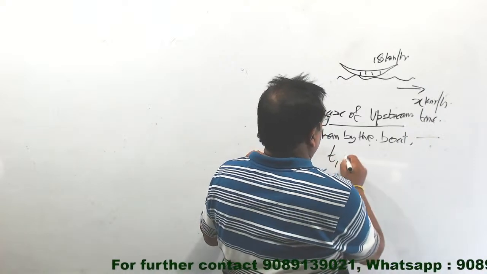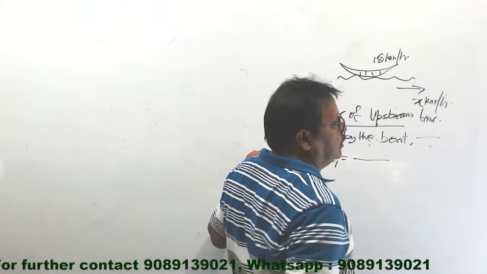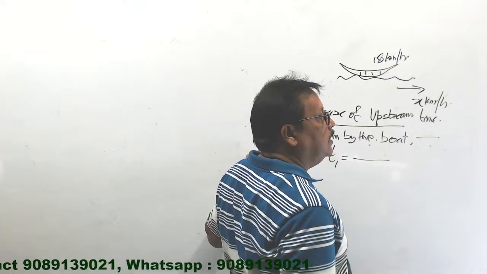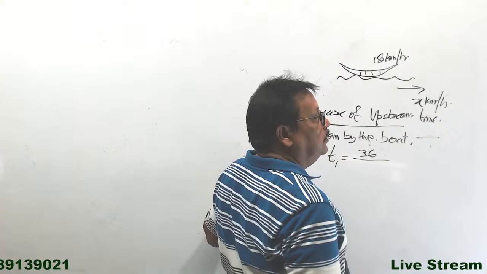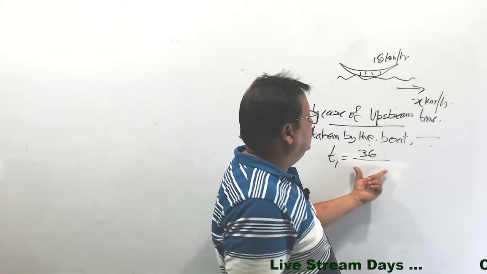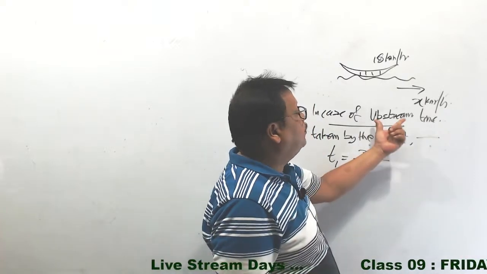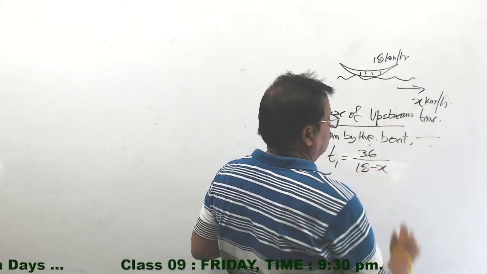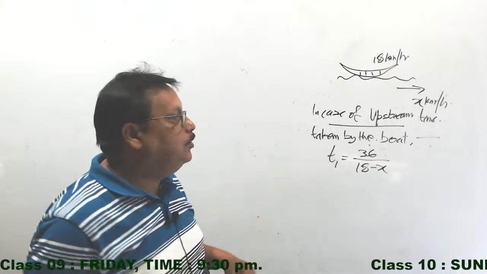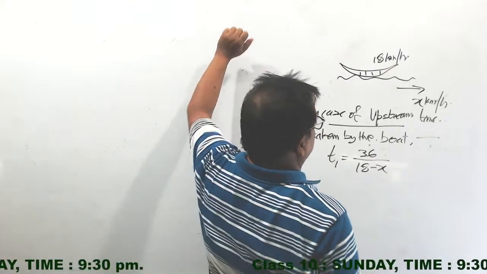So t1 will be distance by speed. What is the distance? 36 kilometers. What will be the speed in case of upstream? So 18 minus x. I wrote here directly. Understood? 18 minus x hour.